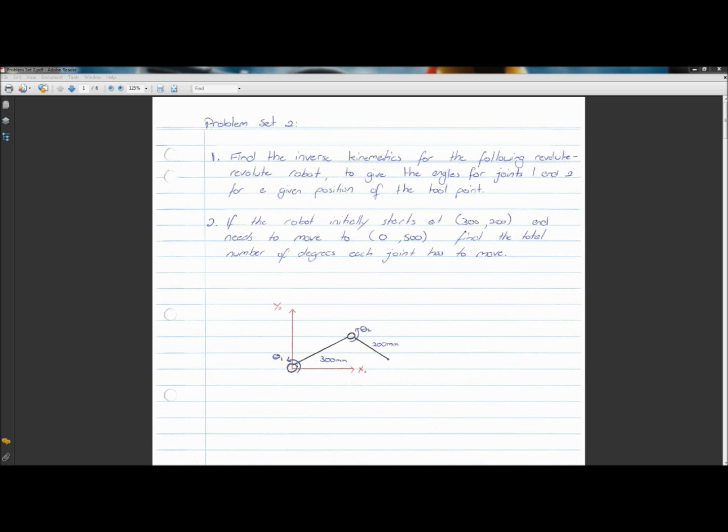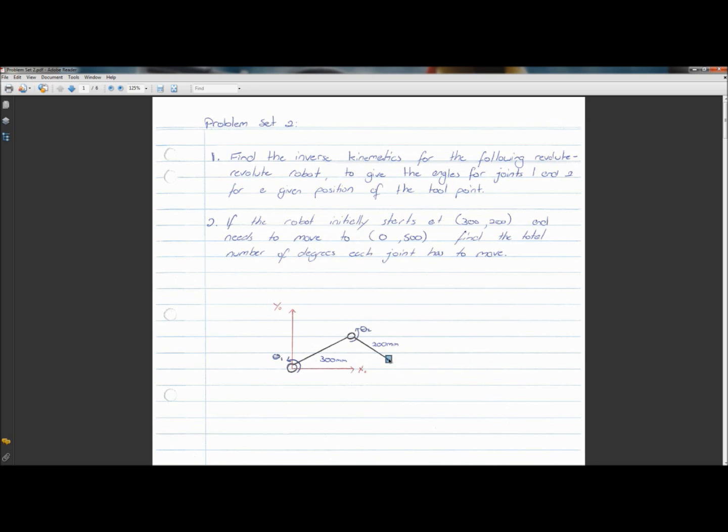This is our base reference frame, X0, Y0, and the link joining it to joint number 2 is 300 mils long. Joint 2 again is a revolute joint, and it is 200 mils long. And our tool tip is right at the end here, where I've put the blue box. So that's our tool tip.